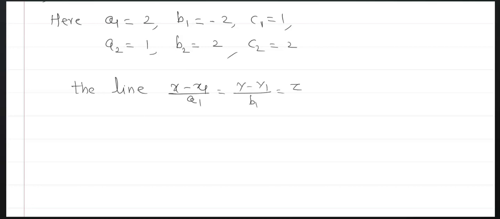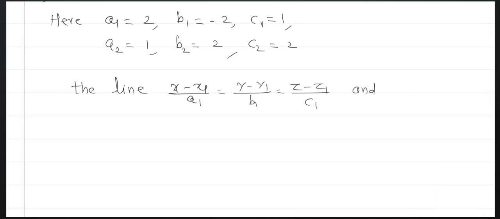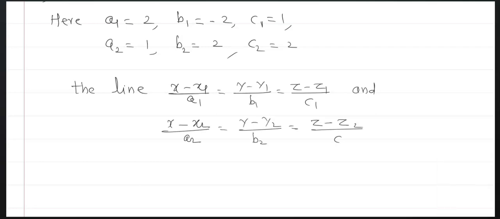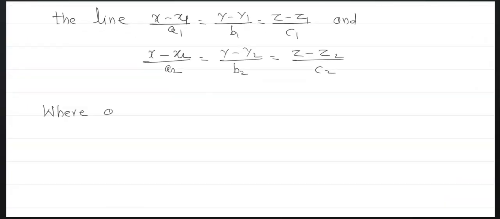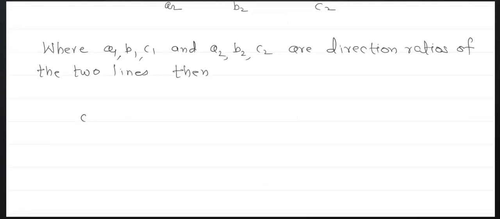The lines (x minus x1) upon a1, (y minus y1) upon b1, (z minus z1) upon c1, and (x minus x2) upon a2, (y minus y2) upon b2, (z minus z2) upon c2, where a1, b1, c1 and a2, b2, c2 are the direction ratios of the two lines.